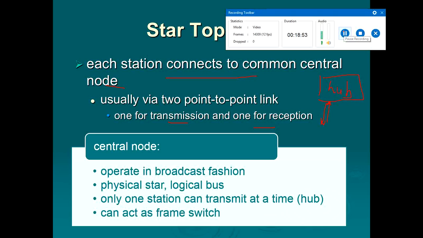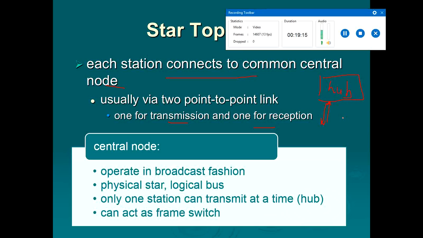But another approach for the central node is to act as a frame switching device. When it acts like a hub, it transmits in a broadcast fashion. When a frame is sent from one station to another, it is sent to all the stations, and only one station can transmit at a time.